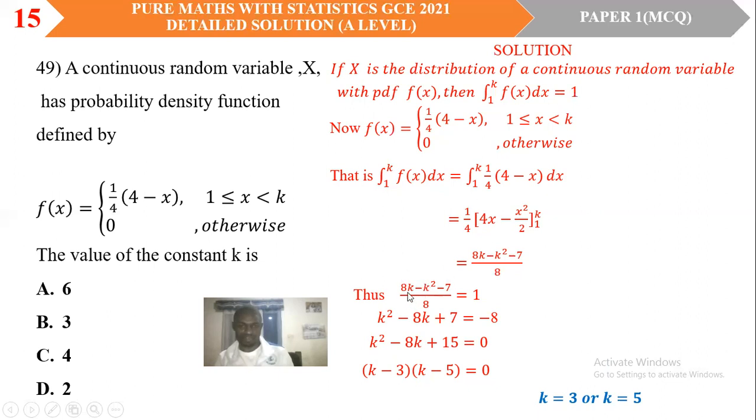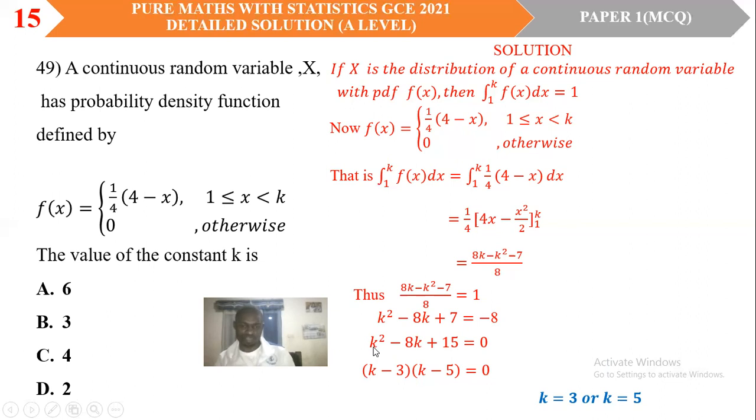Therefore, we equate this expression to 1. 8k minus k squared minus 7 over 8 is equal to 1. This implies that if we divide all through by -1 to make the coefficient of the leading term, k squared, positive, we have k squared minus 8k plus 7 is equal to, cross multiplying by 8 and dividing by the negative, -8.